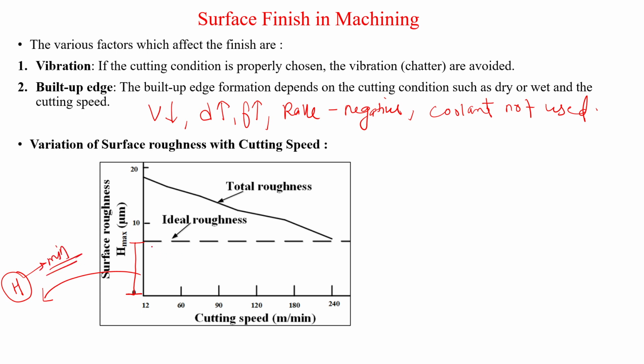And it is always constant because ideal roughness only depends upon the tool geometry and other things, so it does not vary much with the cutting speed because of its ideal nature. So we can say the value of ideal roughness is constant with respect to v, which is the cutting speed.